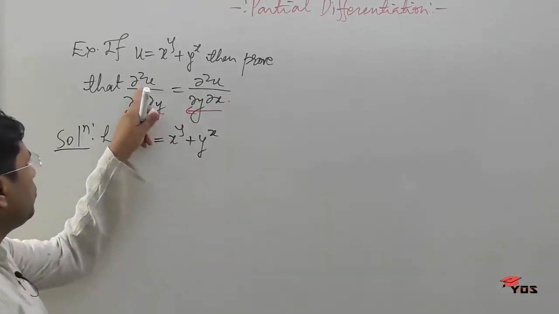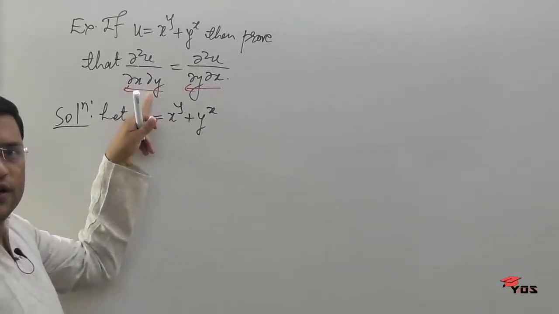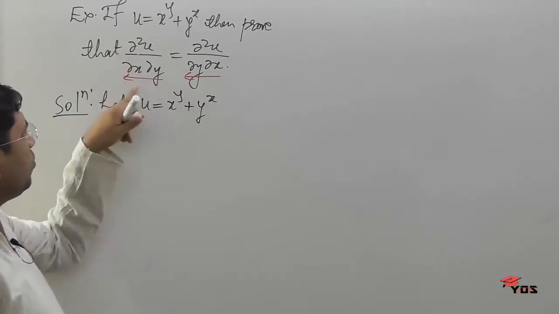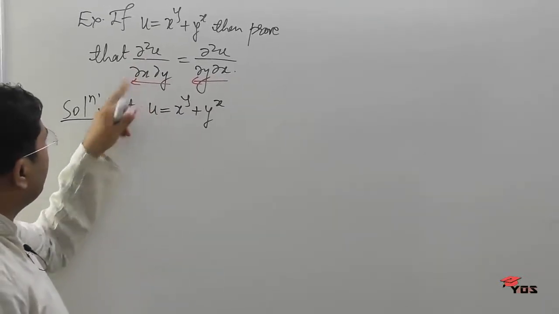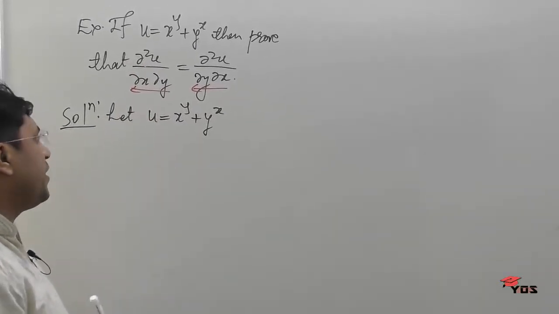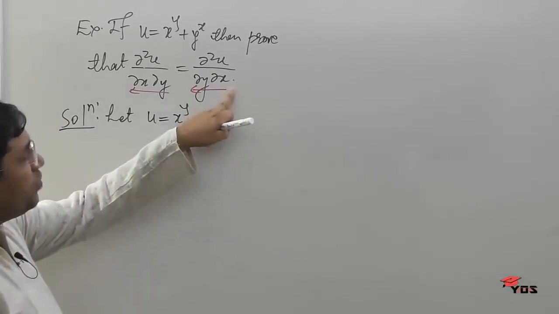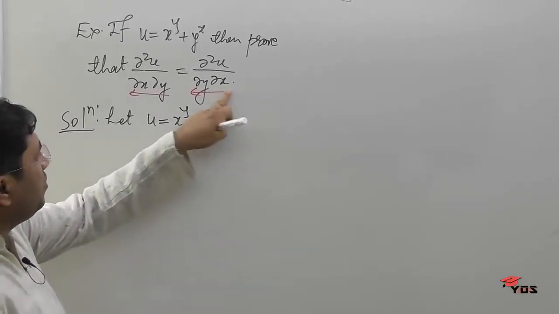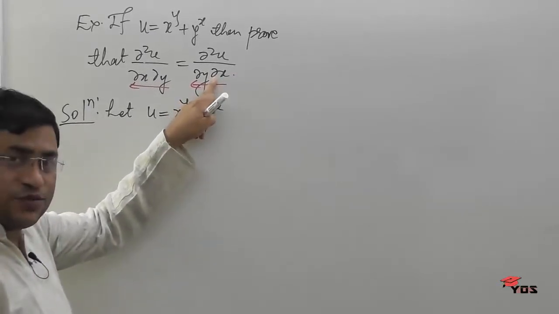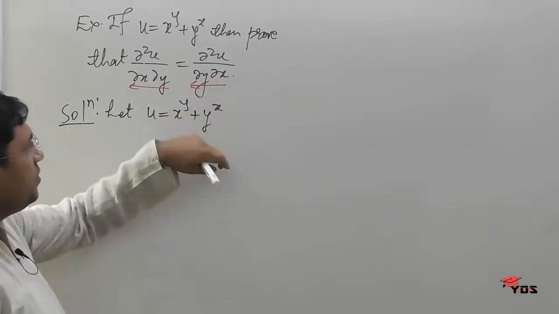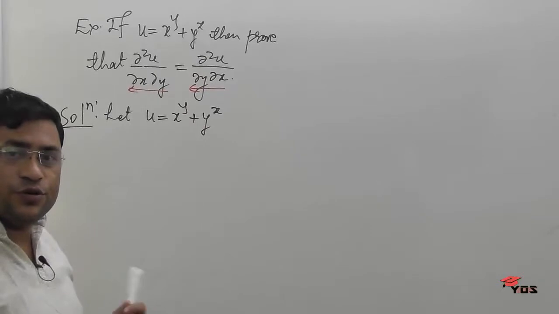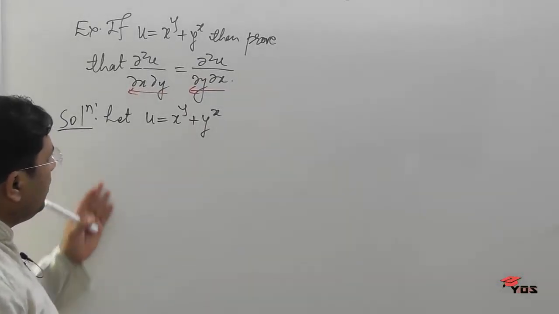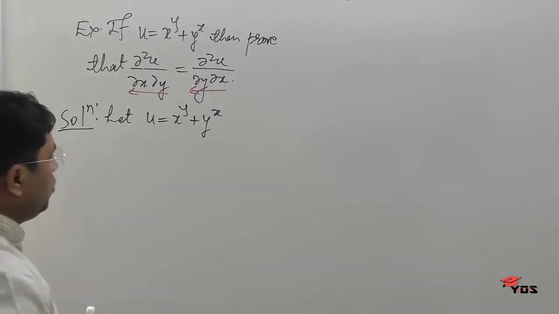If we want to find this derivative, first we have to find ∂u/∂y, and then the derivative of that with respect to x. For the other, we find the derivative of u with respect to x first, and then the derivative of that with respect to y. So let us try to find both the derivatives.